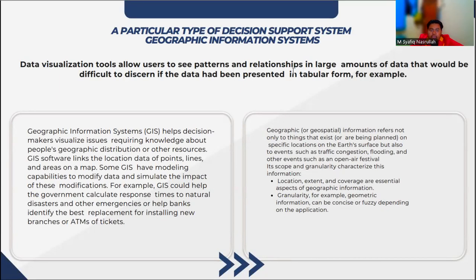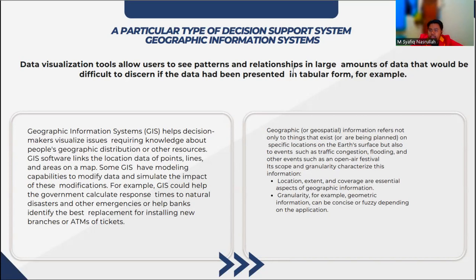Some GIS have modeling capability to modify data and simulate the impact of these modifications. For example, GIS could help the government calculate response time to natural disasters and other emergencies, or help banks identify the best places for installing new branches or ATMs.